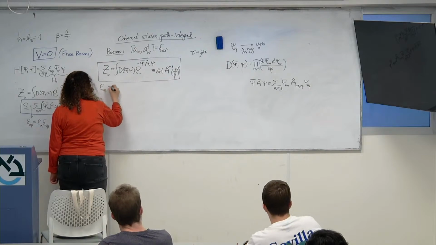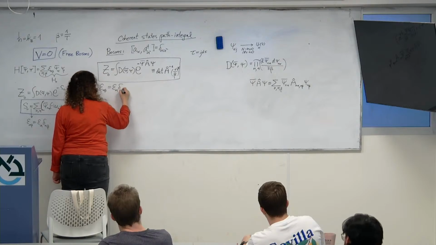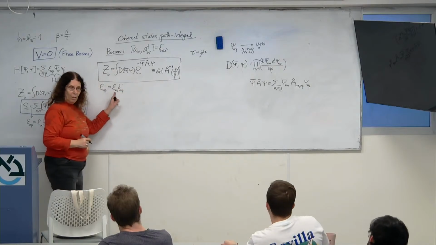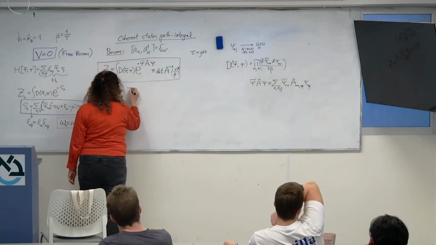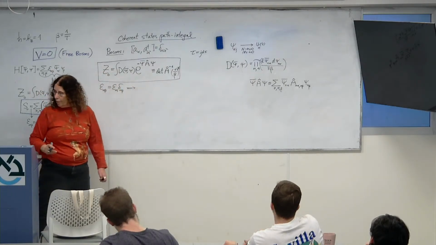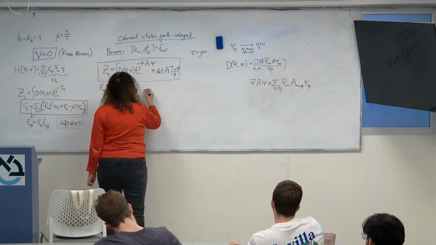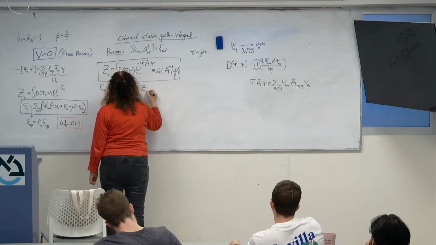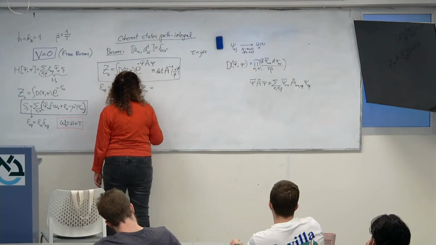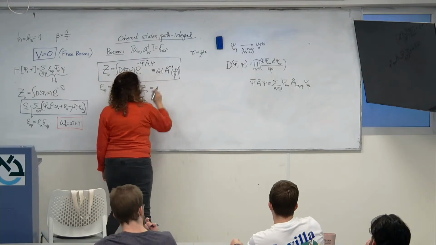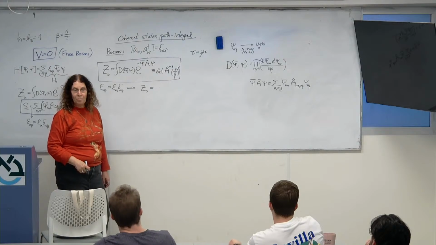if we do have epsilon alpha diagonal, then what we get here is that Z naught is just, what is the determinant of a diagonal matrix?